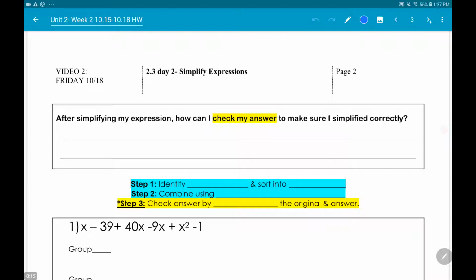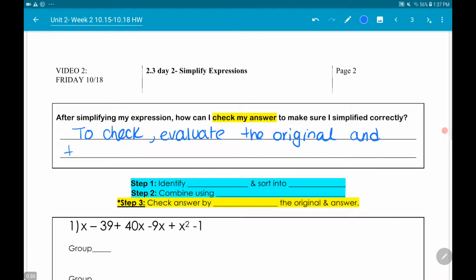Okay, so to check, evaluate the original and the simplified, and you're going to ask yourself, are they equivalent? So the beginning of this week and last week we talked about equivalent expressions. Now we're using that equivalence to check to make sure my answer is correct.